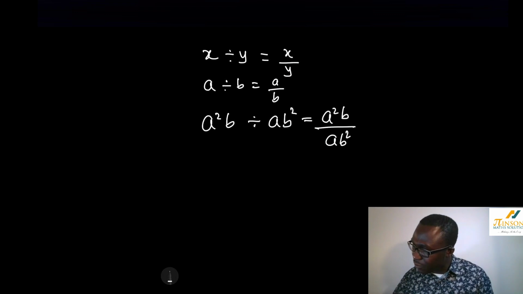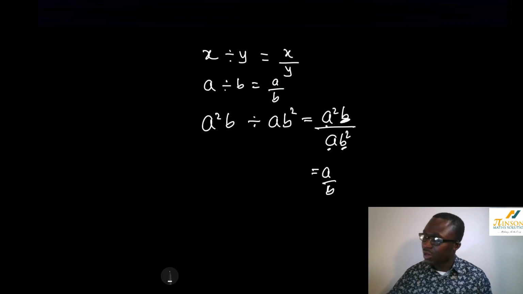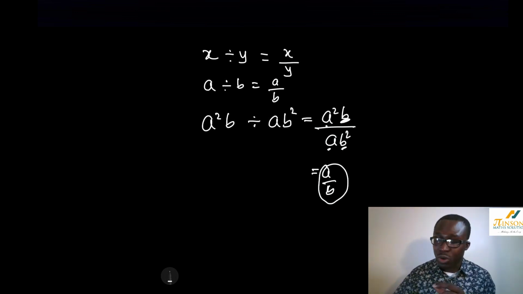You can note that we've got the same b's there, and the a's are there. So these a's will become just 1a, and the b at the bottom will stay because the one at top will go away. We can simplify this fraction in the same way when we divide in surds.